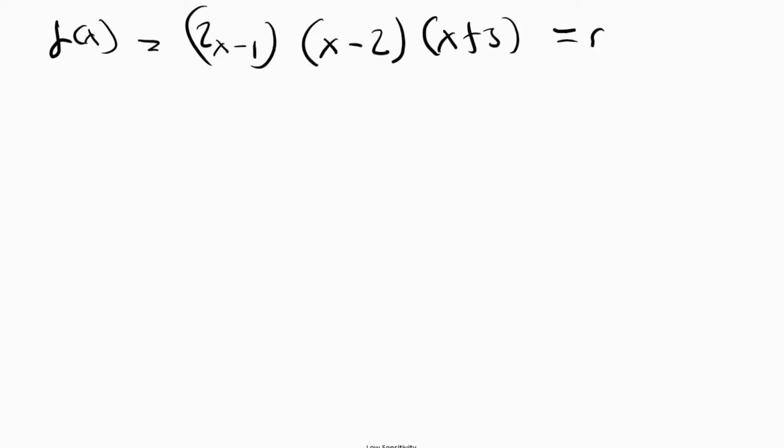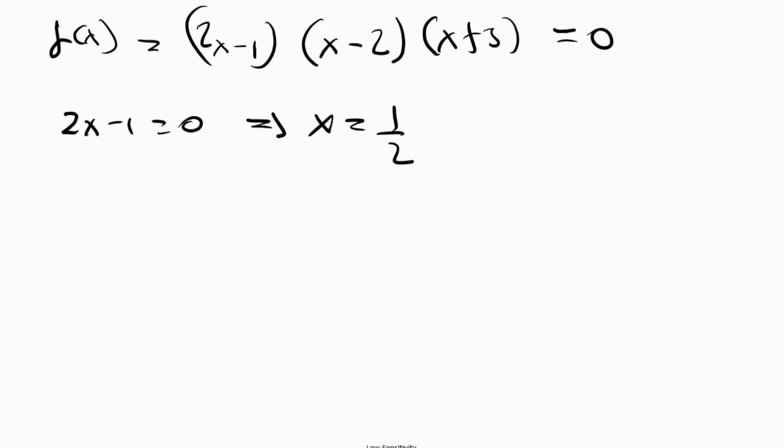So we said that is equal to 0 now. So if this is equal to 0, that means 2x minus 1 is equal to 0. And that gives us x equals 1 over 2.